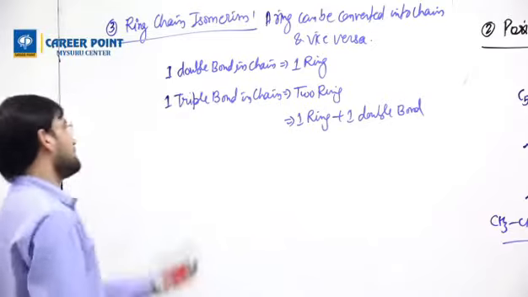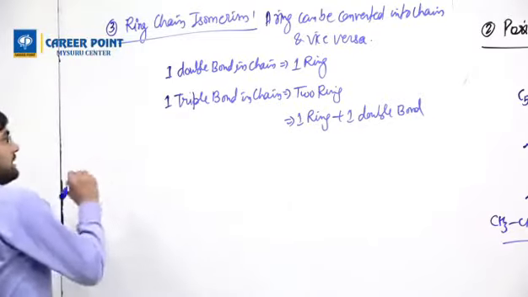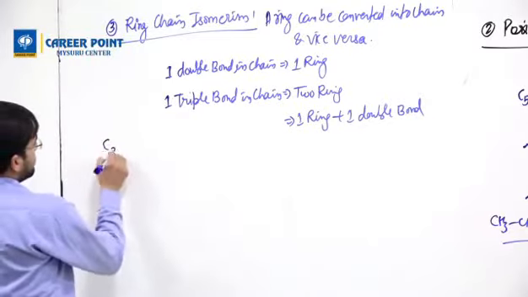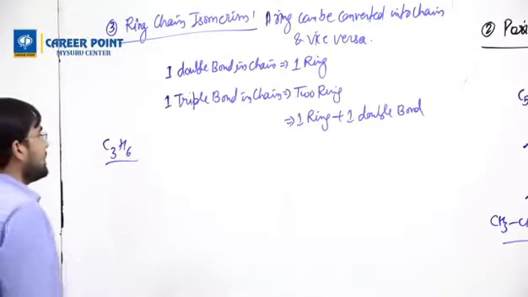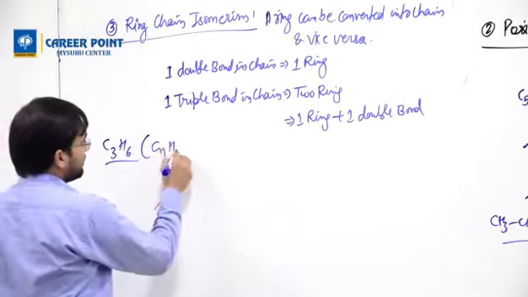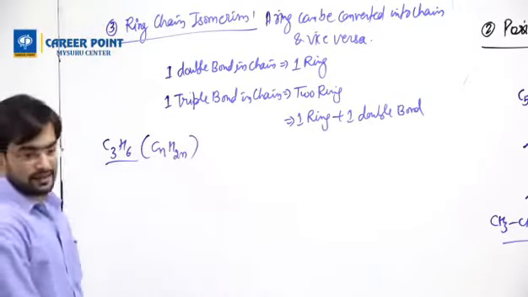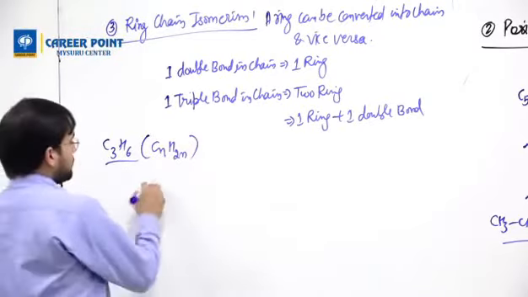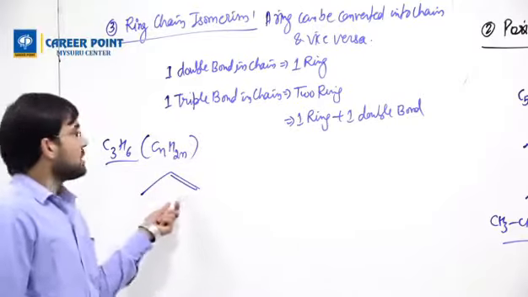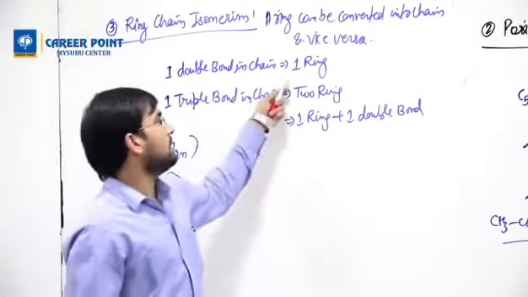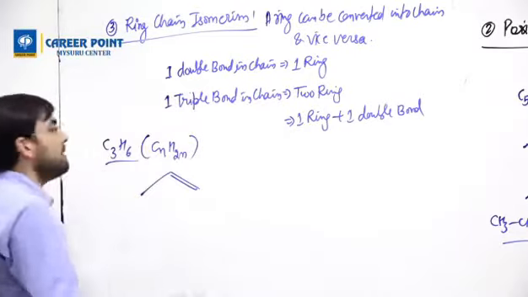Done. So we'll see an example, such as C3H6. If you look at it, it is CnH2n. It is an alkene. Alkene means we can draw it like this. But then there is a double bond. So one double bond in chain is equal to one ring of how many carbon?